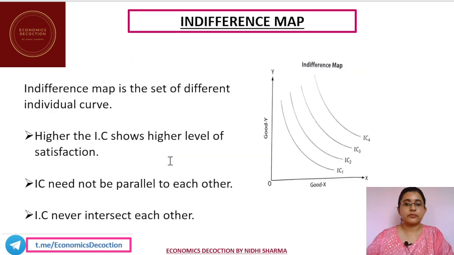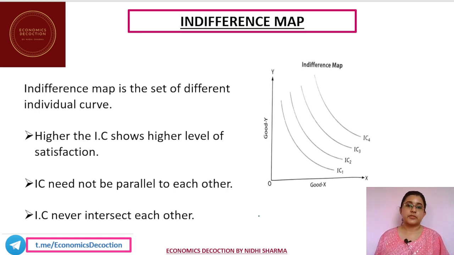And now we proceed further to the indifference map. Now, what is an indifference map? An indifference map is a set of different individual indifference curves. So the various indifference curves that we have, if we plot them on a particular graph, we get an indifference map. A higher indifference curve shows a higher level of satisfaction.